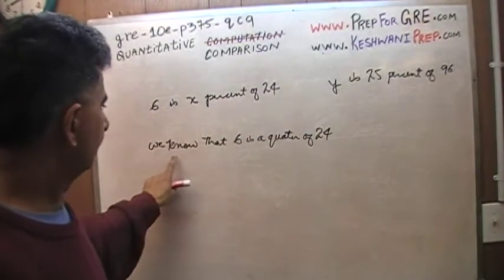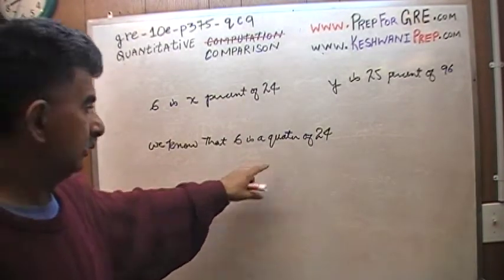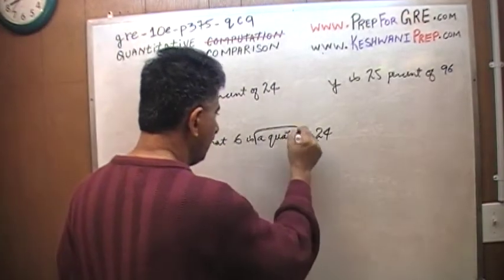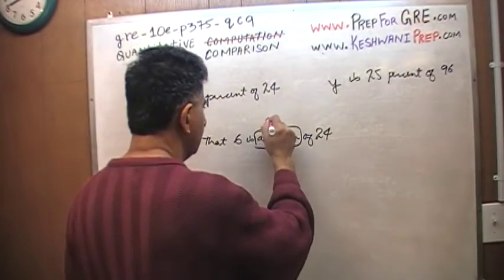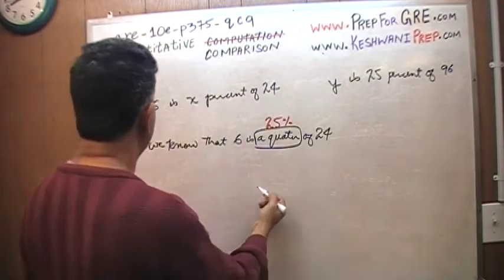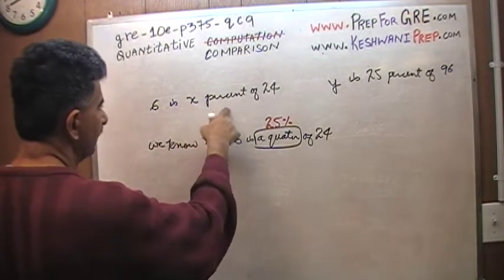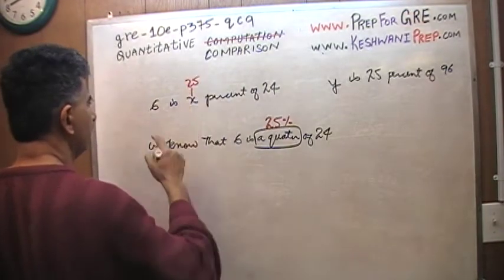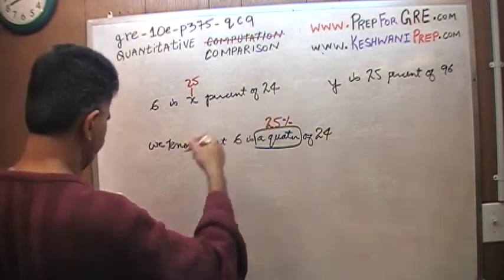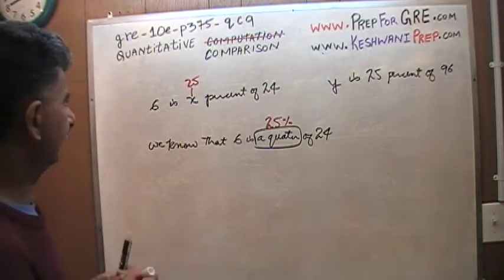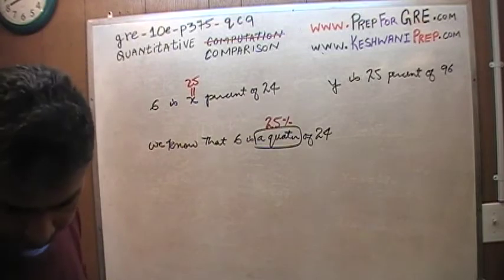A quarter of something is 25%. So 6 is a quarter, which is 25%. So X must be 25. Let's put it here. That's your first column, I believe.